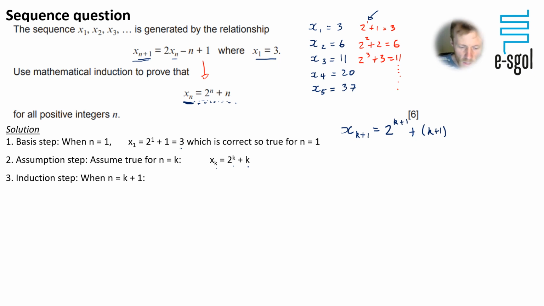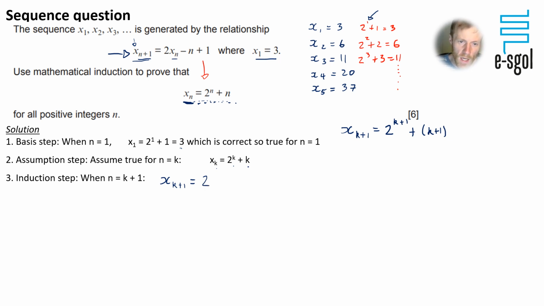So in my induction step, it would be great if I had some kind of expression that explained how to get to the next term, and because they've given you that at the top, that is where we're going to start from, using this recurrence relation. So using this bit here, I'm going to write x subscript k plus 1 equals, and I'm kind of copying it across, 2.